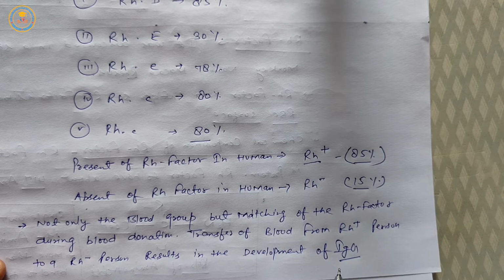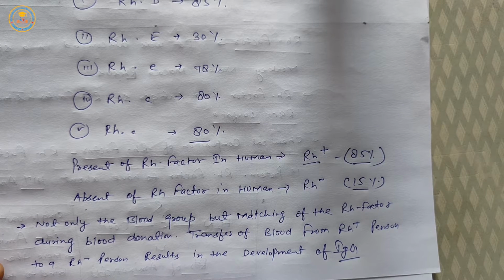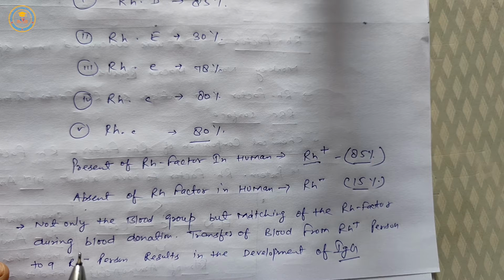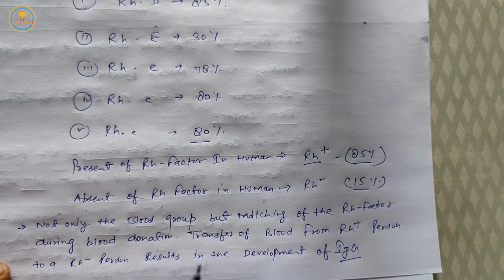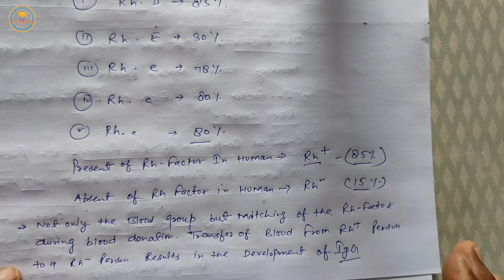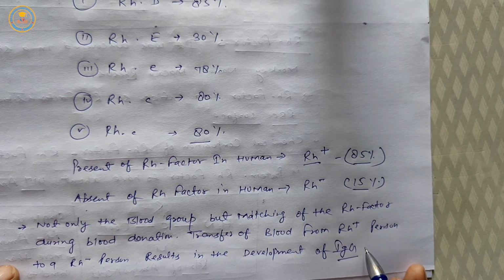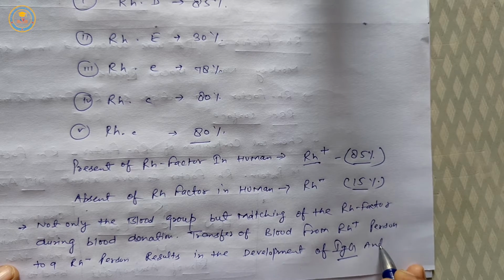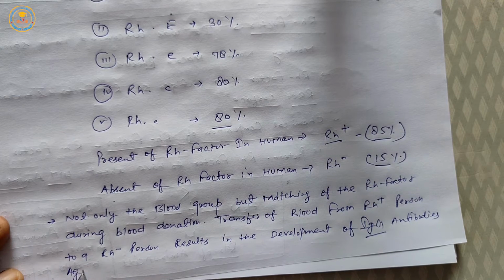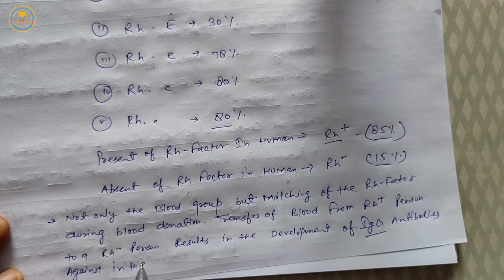Only the IgG antibody can cross the placenta. It means it is transferred easily from mother to fetus through the placenta. IgG antibodies develop against Rh factor in the recipient.